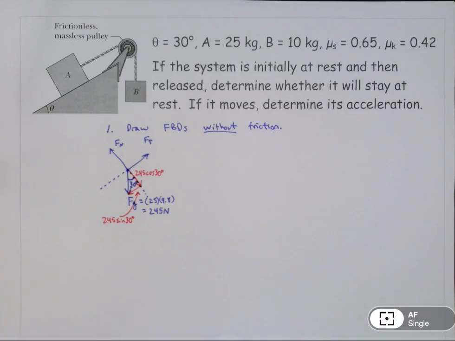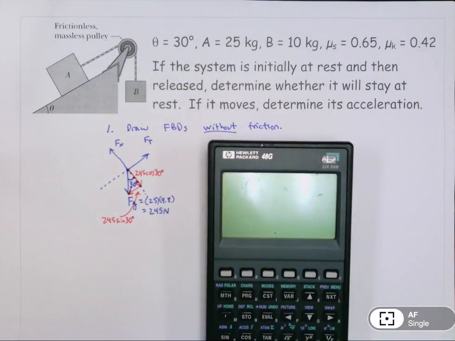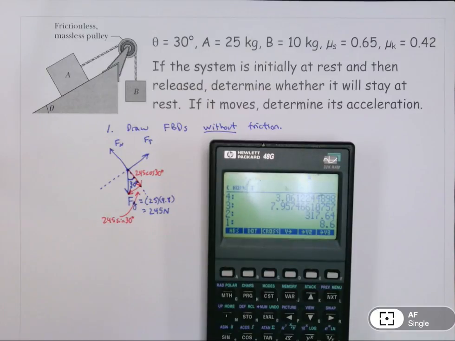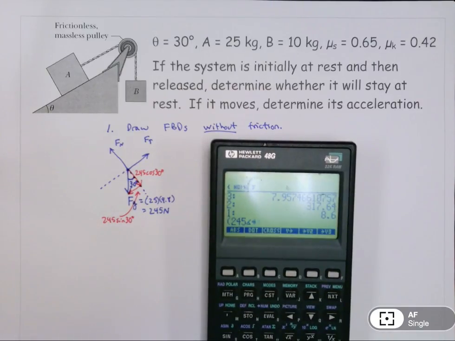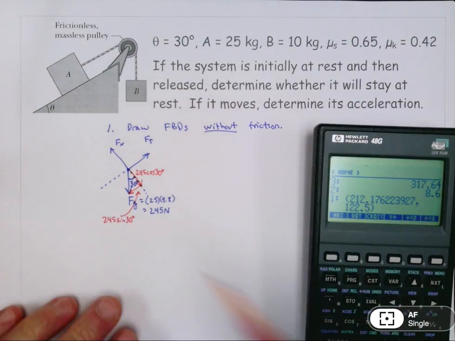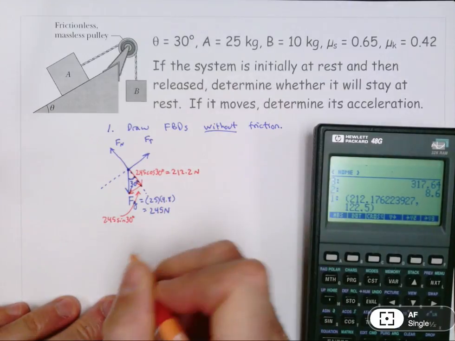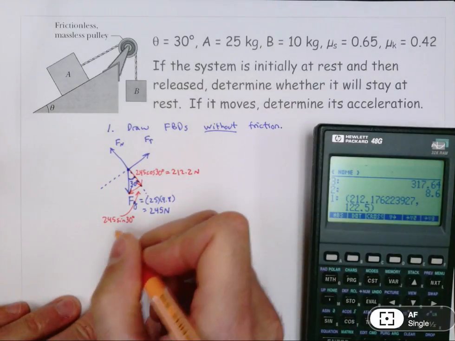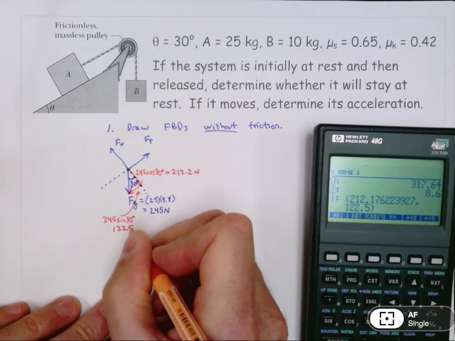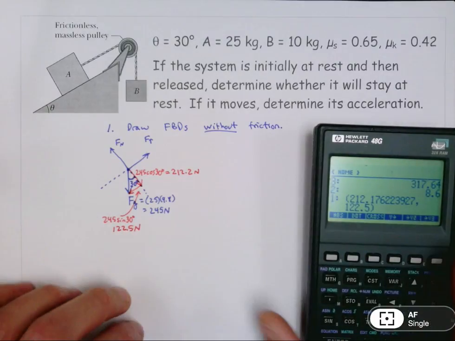So let me take a moment to calculate those values. Okay, so we have 212.2 for the y component and 122.5 for the x component.